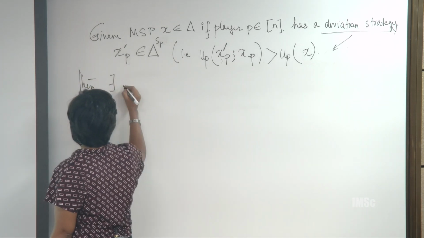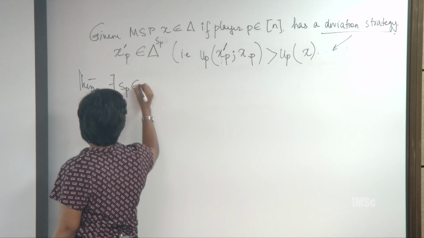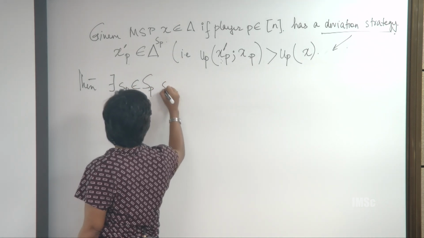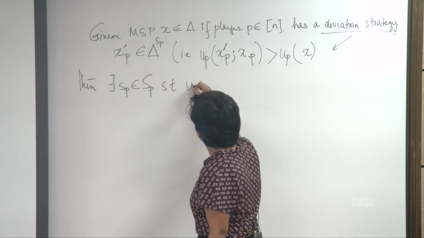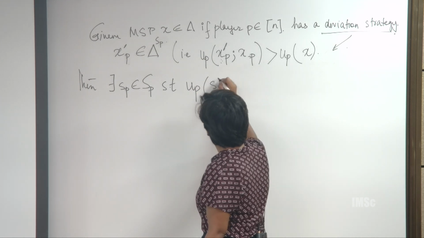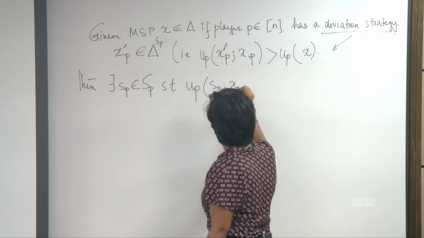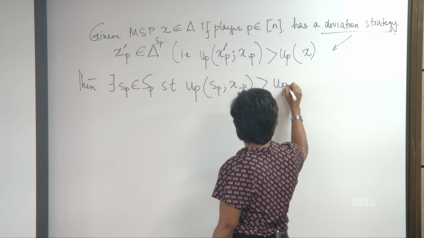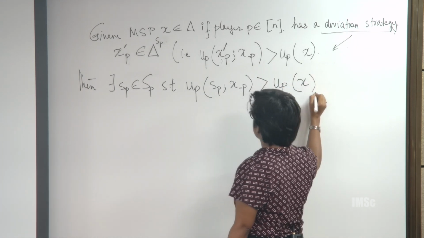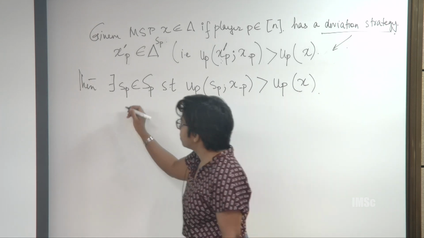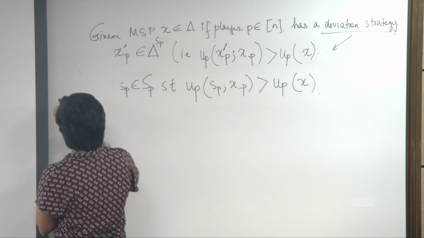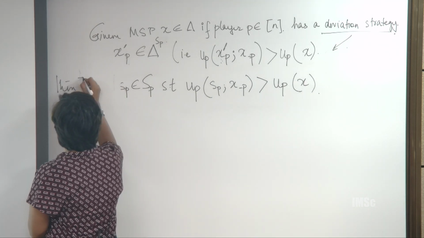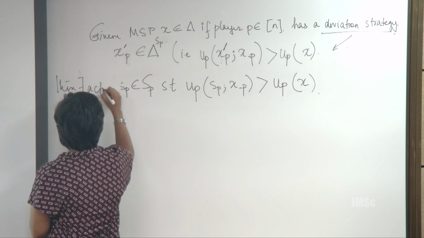Then there exists an action, let us say, such that UP of SP with X minus P is strictly better.